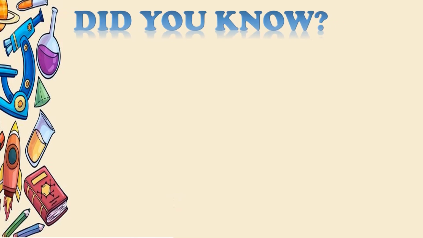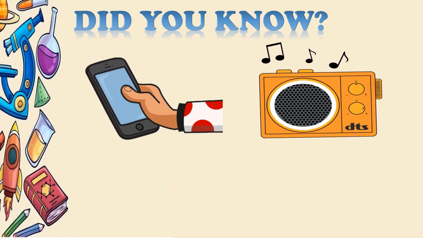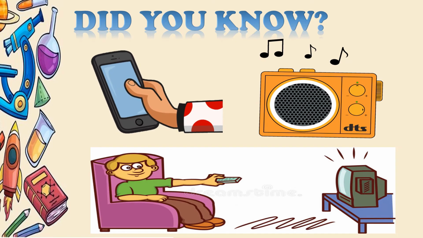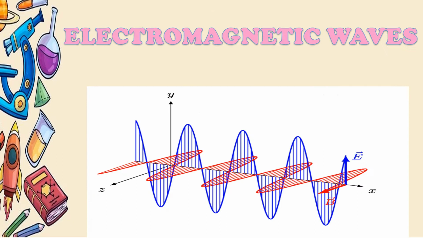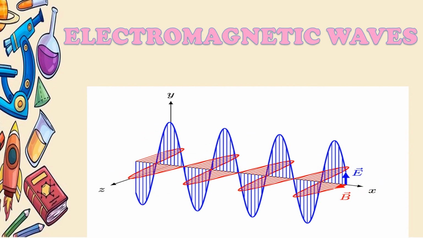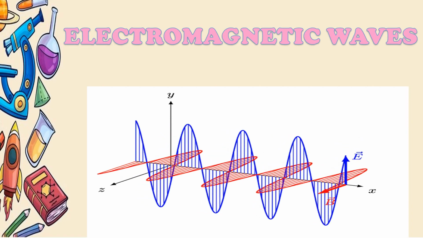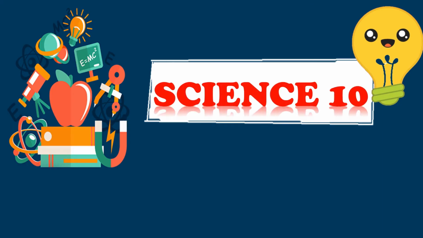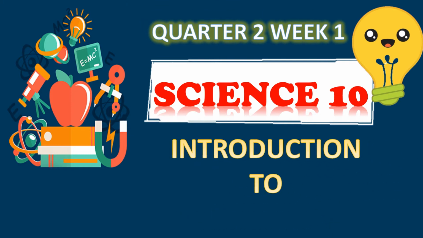Did you know that all these human activities, like texting someone using your smartphone, tuning to your favorite radio station, and turning your TV on using a remote control, have one thing in common? They all use electromagnetic waves or EM waves. And this will be our lesson for today, the introduction to electromagnetic waves.